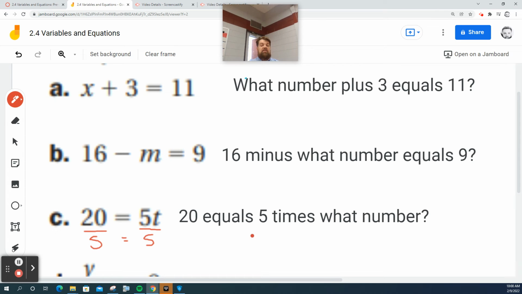What's 20 divided by 5? 4. And what's 5 divided by 5? 1. What's 1 times t? T. So we get 4 equals t, or t equals 4, depending on how you want to say it. Okay? How are we doing so far? Do you guys feel like you know this?